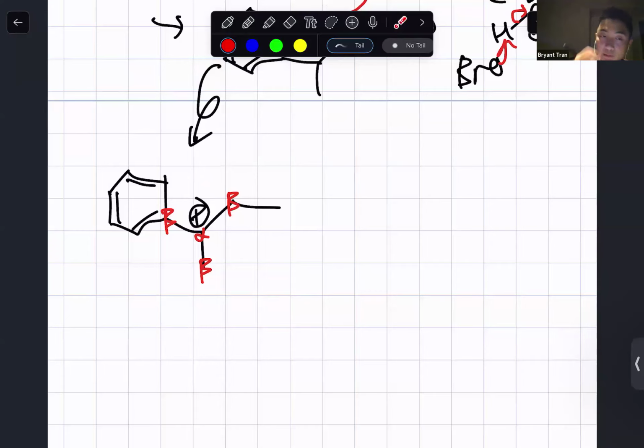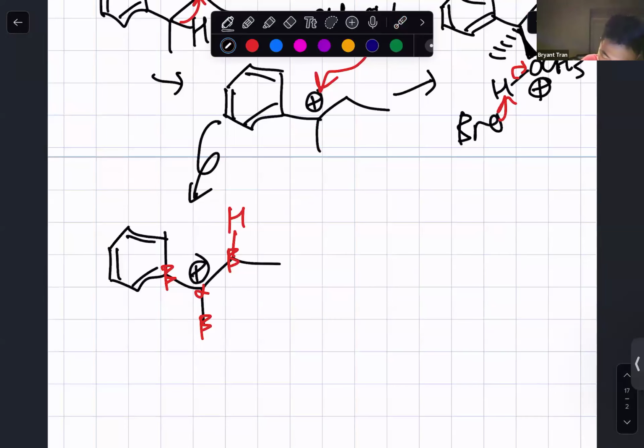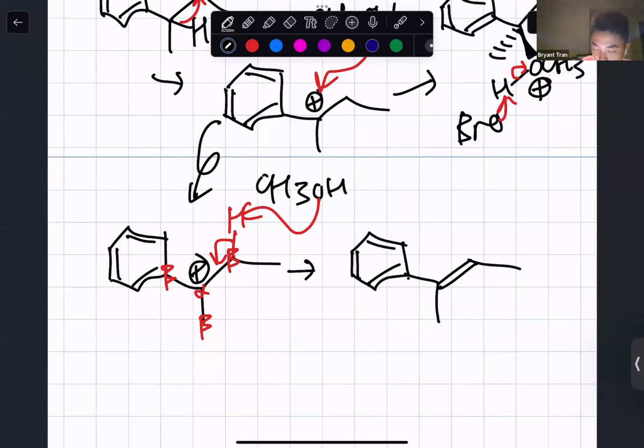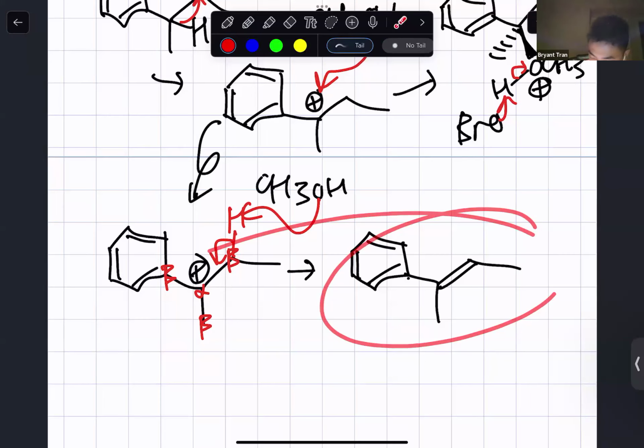There's no protons on that beta carbon because it already has 4 bonds: 1, 2, 3, 4. So the next most substituted beta carbon with at least 1 beta proton is this one right here. So we're going to use the base to grab that proton and form a double bond right there, which is going to give us this alkene, which is the major E1 product.